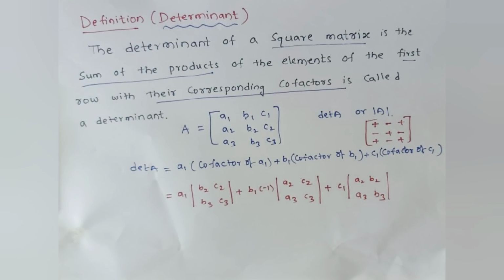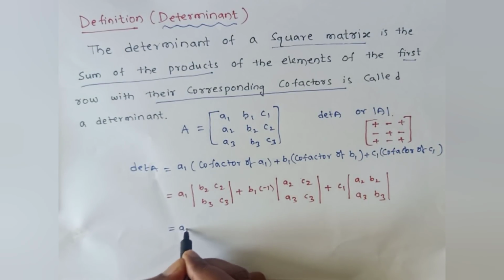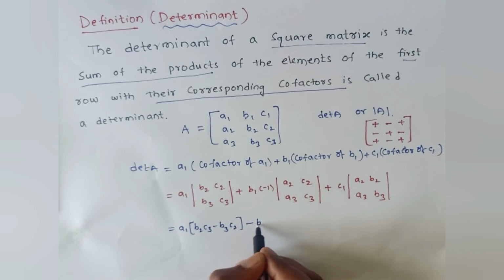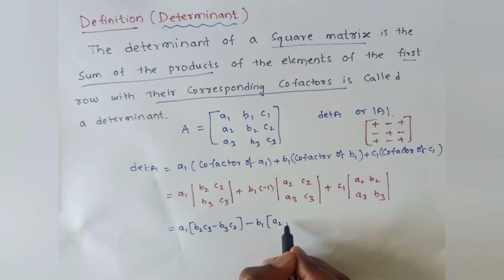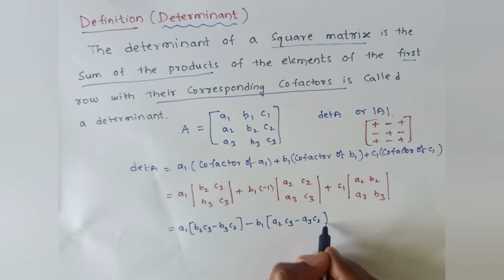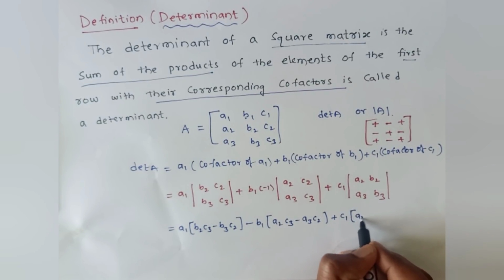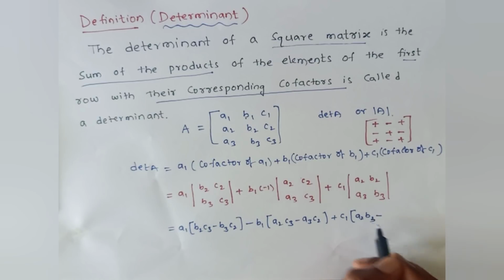So you know how to simplify this. This is a1 times b2 c3 minus b3 c2, minus b1 into a2 c3 minus a3 c2, plus c1 times a2 b3 minus a3 b2.